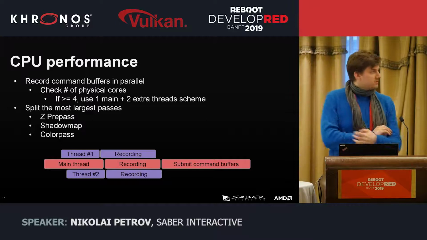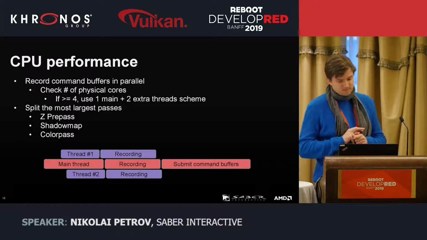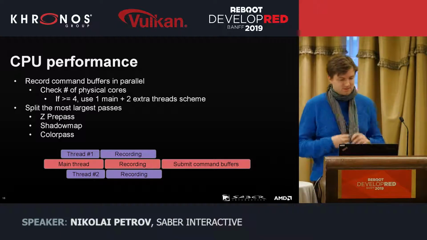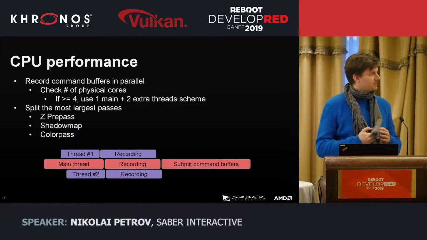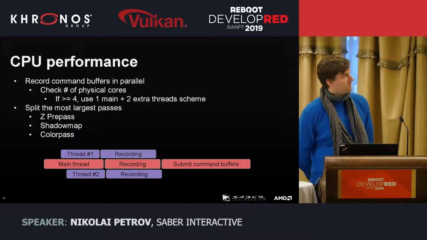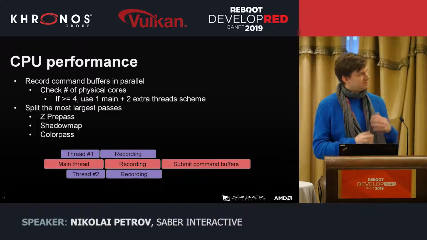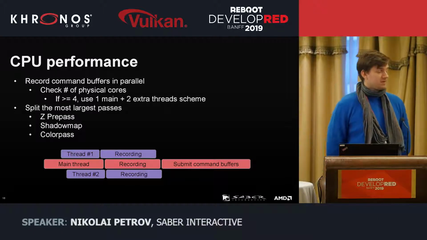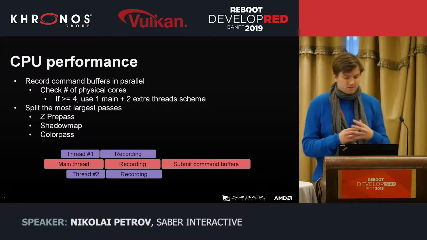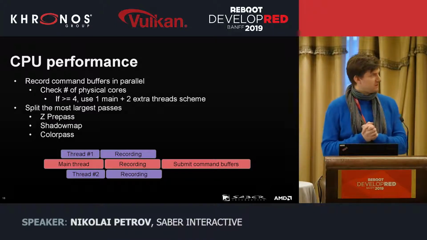In our engine we prefer to create not so many additional render workers to avoid unnecessary resource contention between the threads. In fact, we use a simple rule. If we have more than 4 physical cores, we prefer to use 2 additional extra threads to provide the recording of the command buffers. Otherwise, we use only 1 for submission and for recording.